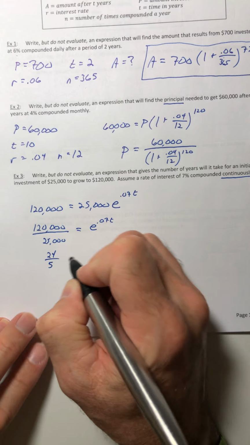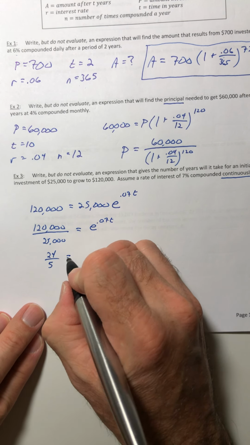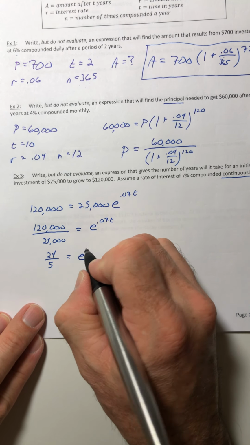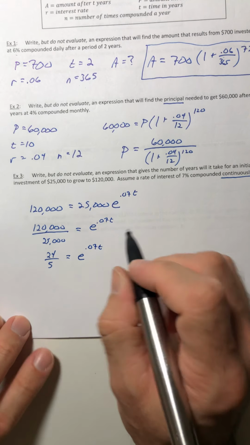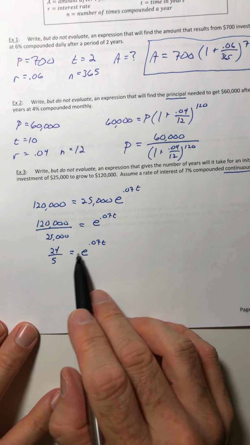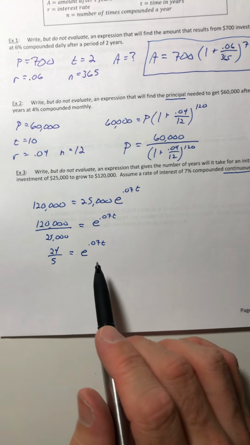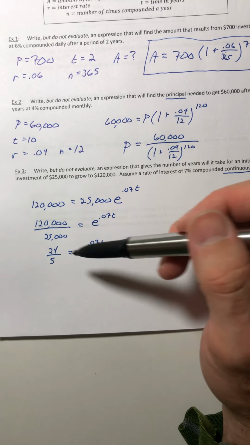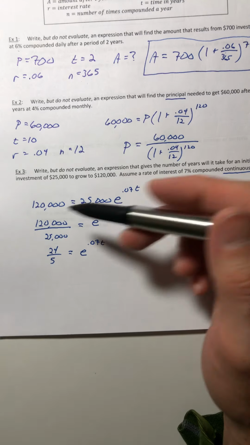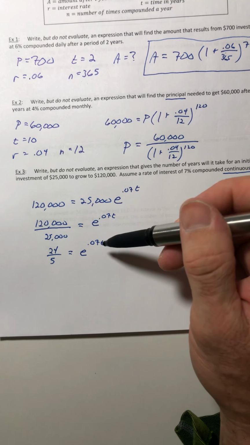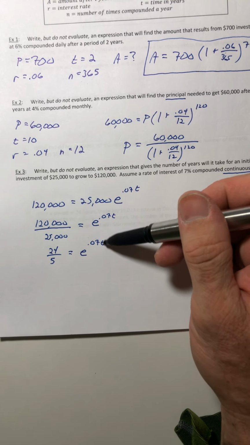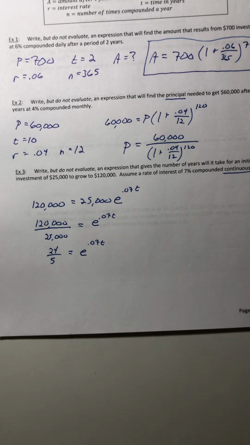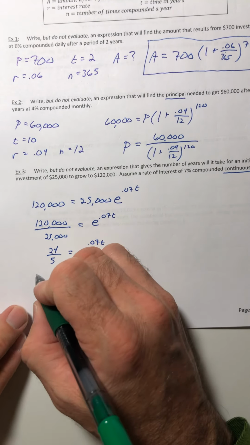So that's just 24 over 5. And we need to get rid of the E. So just like we did before with those other exponential equations, I'm going to throw an ln in there because that will allow me to pull the exponent down.